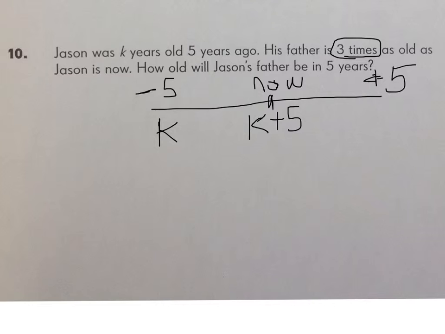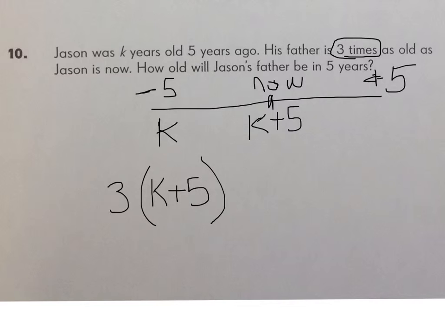So if Jason is K plus 5 right now, it's Jason's age, K plus 5, times 3.